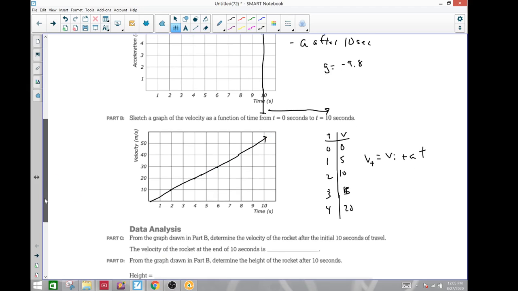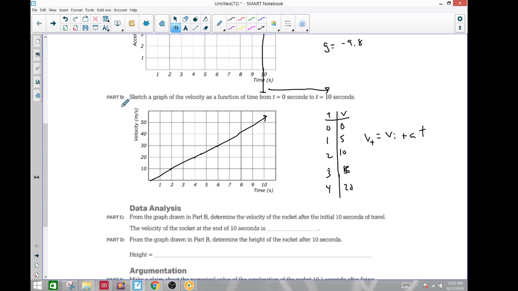It says, from the graph drawn in part B, determine the velocity of the rocket after the initial 10 seconds. All right, so that's just going to be right here.